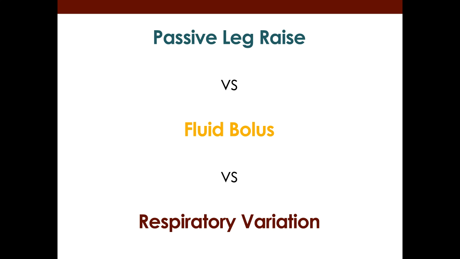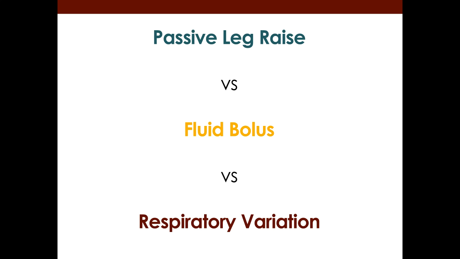And not only patients who are mechanically ventilated, but patients who are mechanically ventilated with no spontaneous breathing activity, at tidal volumes of 8 cc's per kilo, with a PEEP of around 5, who don't have ARDS, which describes just about none of the patients that we take care of in the ICU. So in a very select group of patients, respiratory variation can work, but in a lot of our patients, they just don't meet the right conditions.